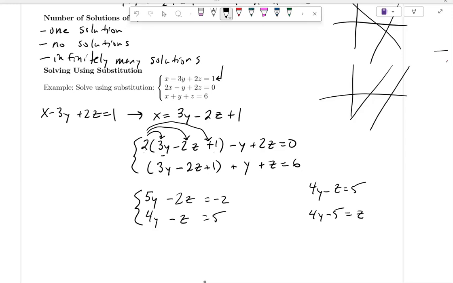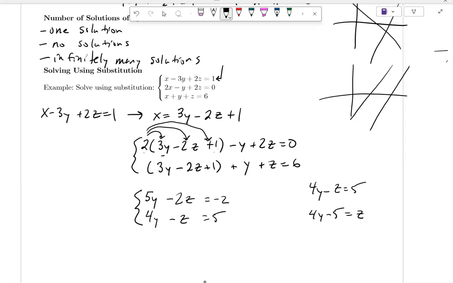Where do I want to plug that into? Do I want to plug it in the first or the second equation? Which one of the equations did we use to find the z? First or second? Second.